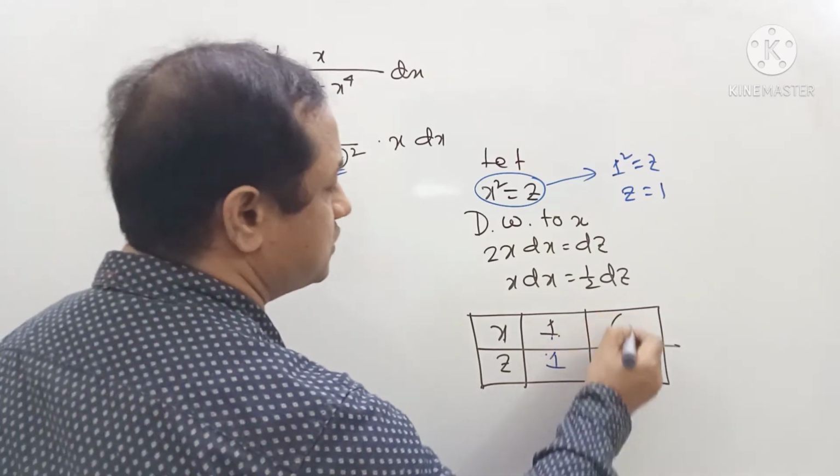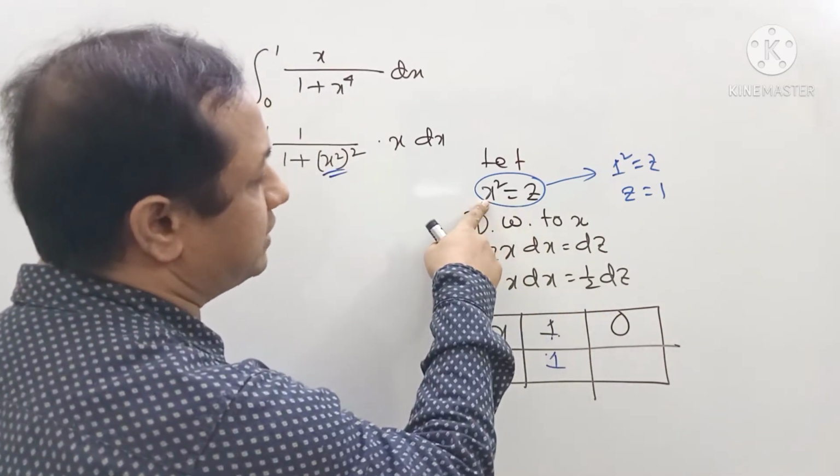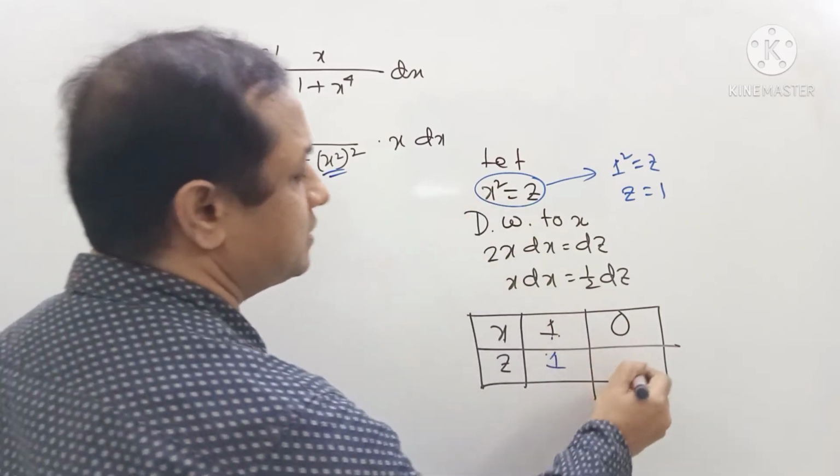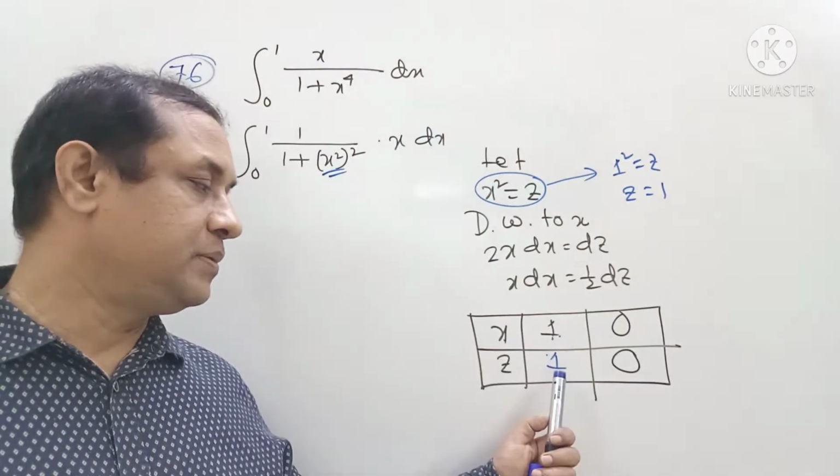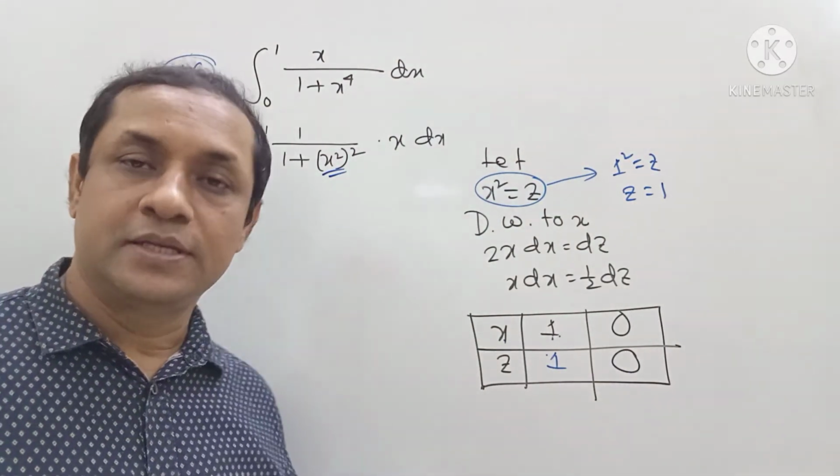Again, if x equals 0, then 0 square means 0, so the value of z equals 0. So here the upper limit is 1 and the lower limit is 0.